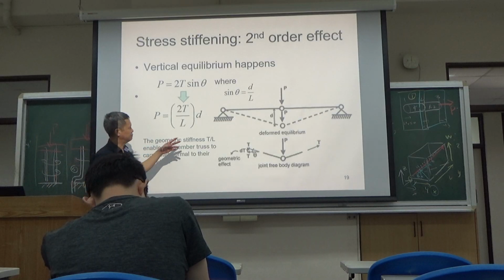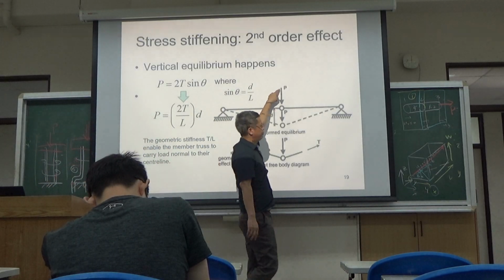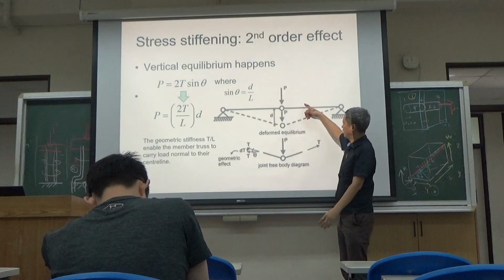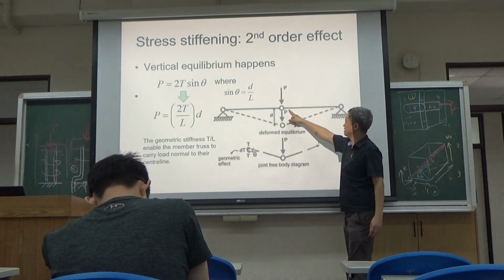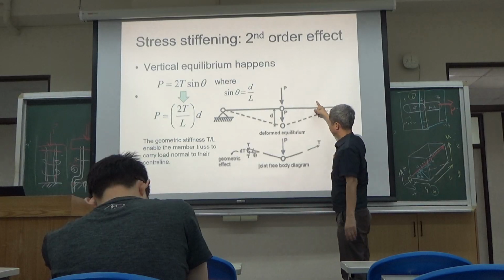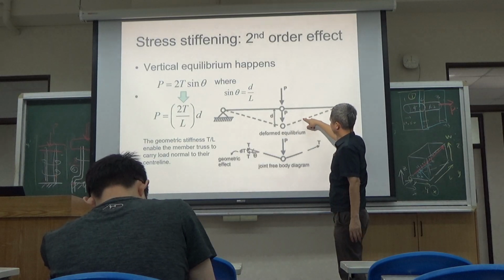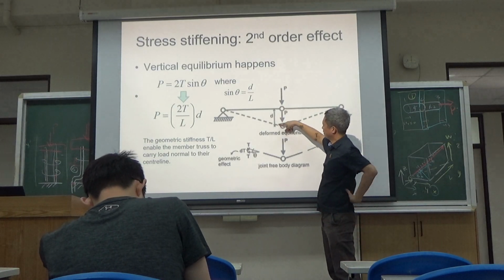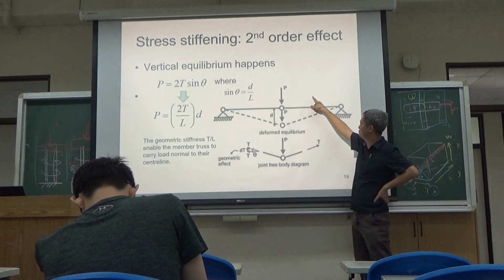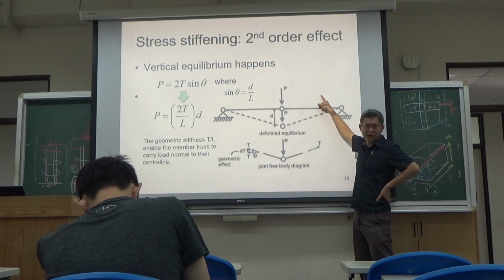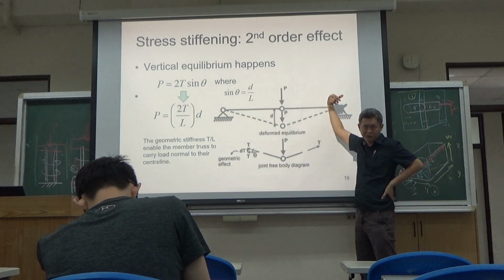So let's see this example. If the force really causes the rotation of the rod, you can already see the starting length is L. By the time the middle point is dragged down by D, how much is the new length? The new length is going to be the square root of L squared plus D squared.